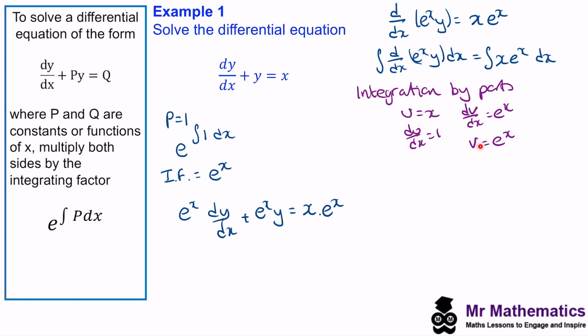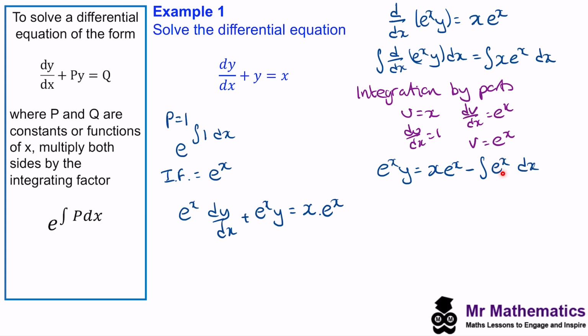I can substitute these back in, and on the right hand side this dx will cancel with this one, the integral and the derivative will cancel, so we have e to the x y is equal to uv, so x e to the x, minus the integral of v du, which is 1.